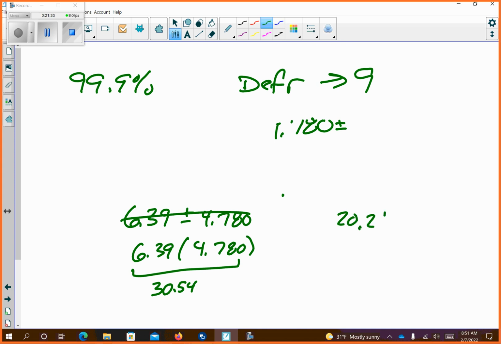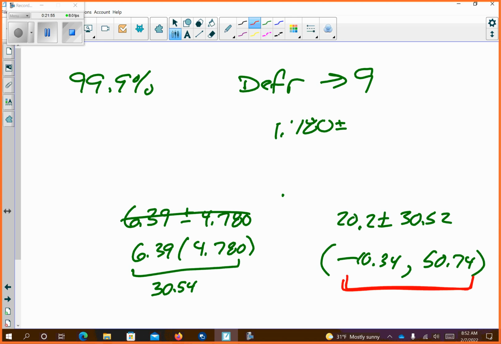20.2 plus or minus that? I didn't know if I did this right because I got a negative. No, I think the negative should happen. So negative 10.34 and then 50.7. Yikes. A couple things jump out at us.